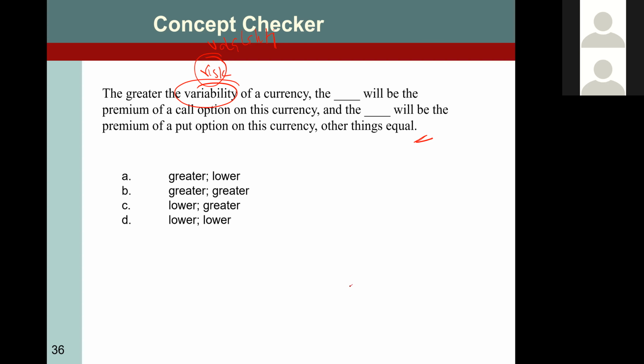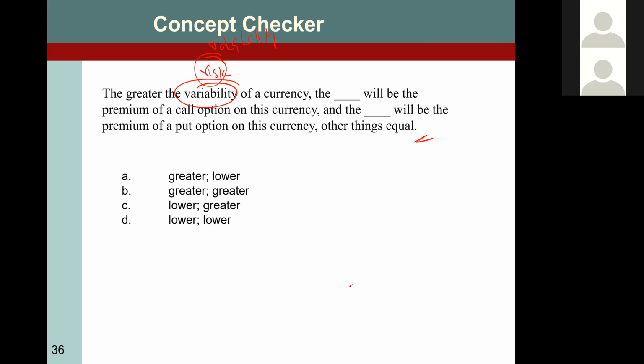B. Okay, good. So B, we just talked about that. In both cases, the call premium and put premium, the higher the volatility or variability or standard deviation, the higher the put premium and call premium. Well done.